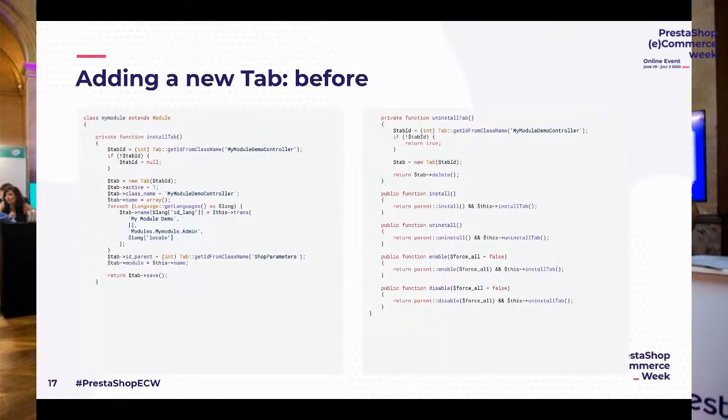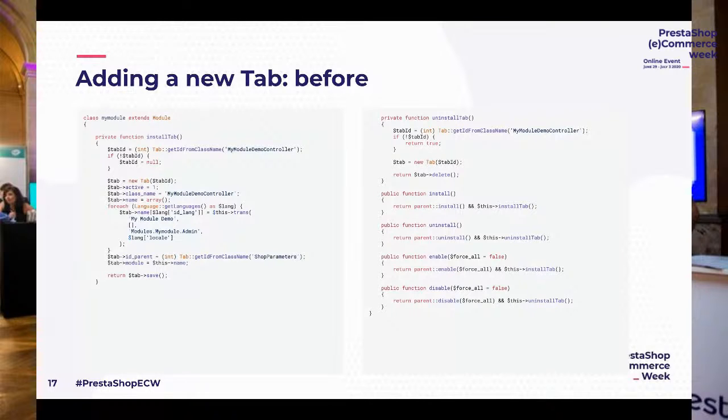Before, when you were trying to add a new tab, you had a lot of code to write. There is the install tab function, which basically is used to create a new tab manually and insert it using object model. And then there was a lot of manual wiring that you had to do. When you uninstalled your module, you had to manually clean up your tab.